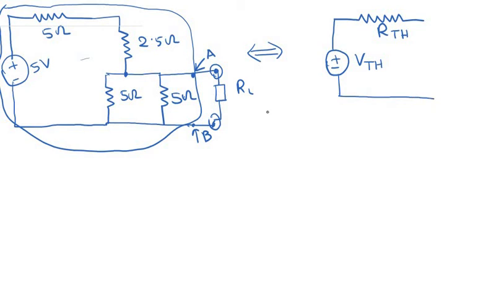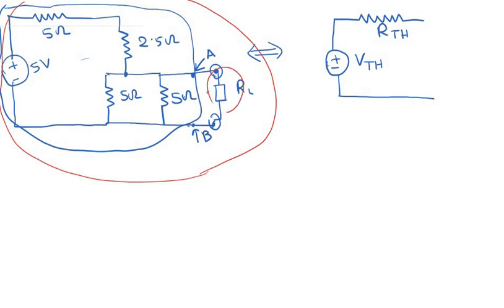So this entire circuit, which contains both the part circled in blue lines over here and this resistor RL, is really equivalent to this voltage source and then this Thevenin's resistance.